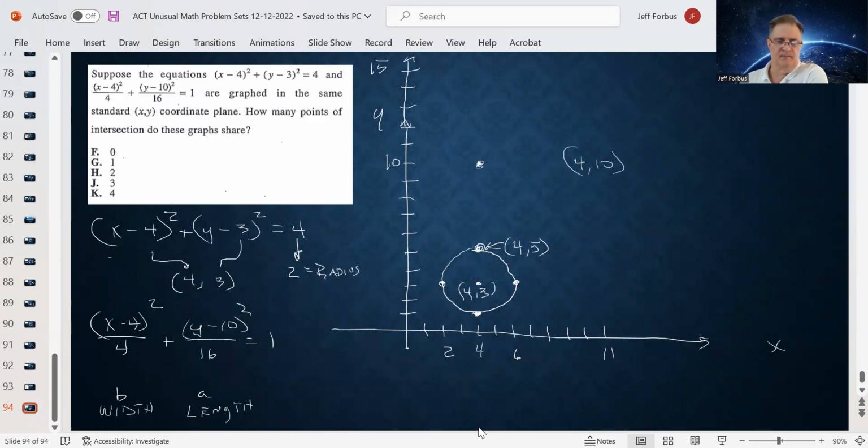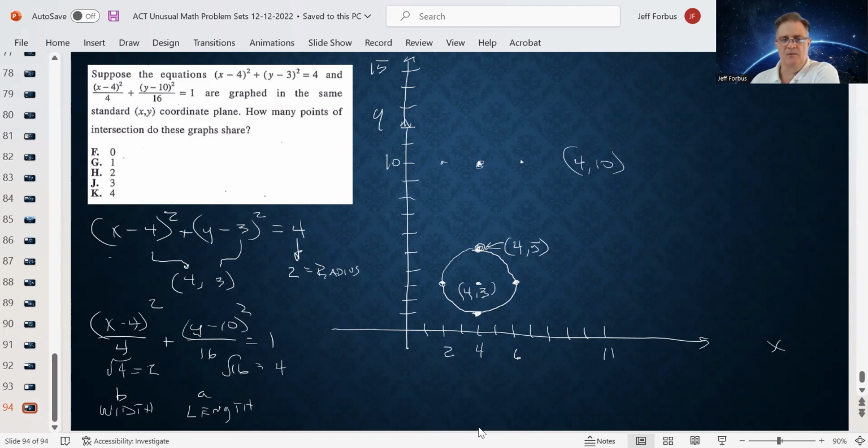Okay, now the width of the ellipse, take the square root of 4, and you get 2. So we're at (4, 10), so 4 minus 2 is 2, so right about there. And then 4 plus 2 is 6, right about there. All right, now take the square root of 16 and you get plus or minus 4.